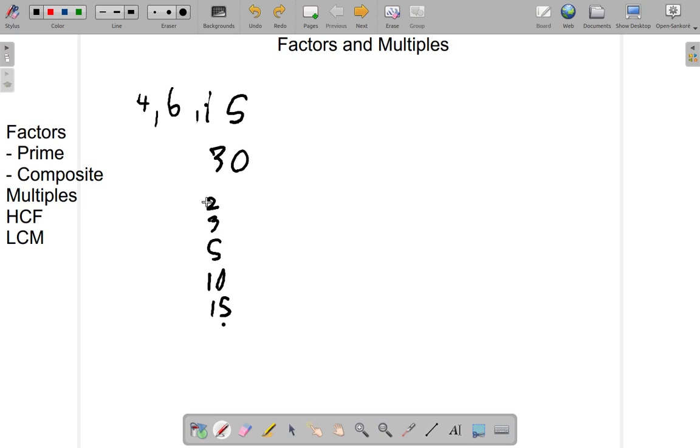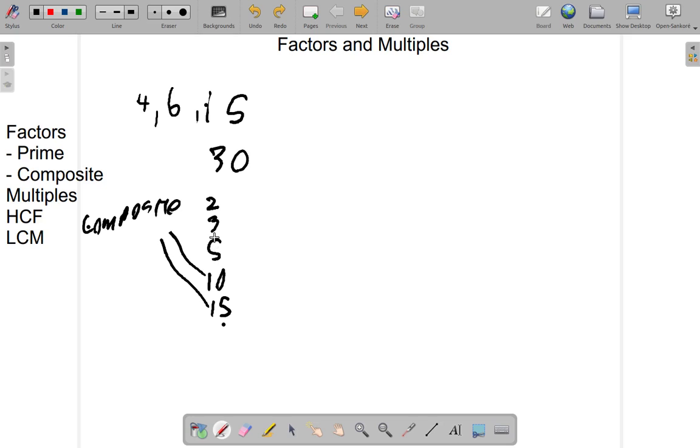So the composite numbers that can divide into 30 are these. Not 2. 2 is a prime number. We want composite numbers, not prime numbers.